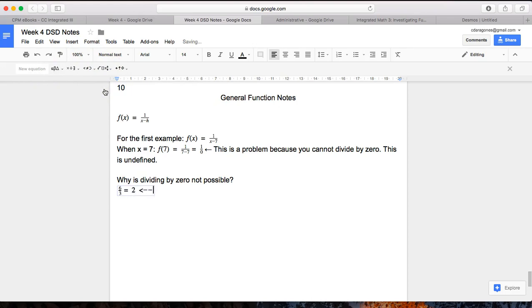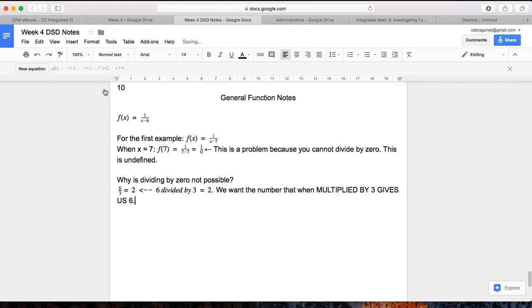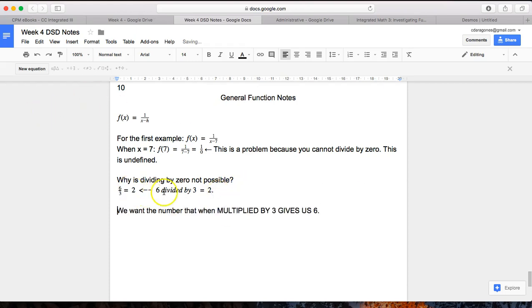We are saying we want the number that when multiplied by 3 gives us 6. 6 divided by 3 is asking the question, what number, when I multiply it with 3, will result in 6? That number is 2, right? 2 times 3 equals 6.